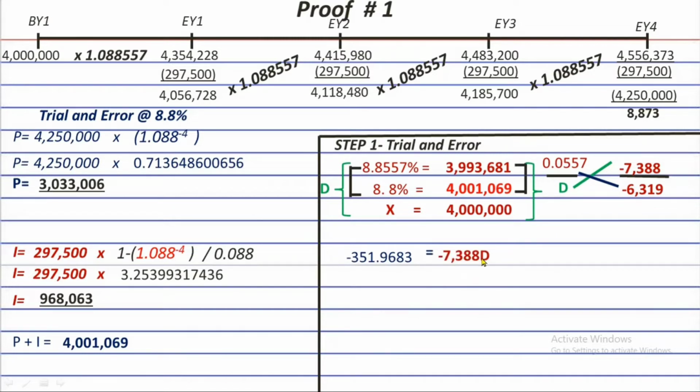Now, to get the d, let's divide the whole equation by negative 7,388. Okay? So this here will be cancelled. So only d remains. Okay? But here, the negative 351.9683 will be divided by negative 7,388.